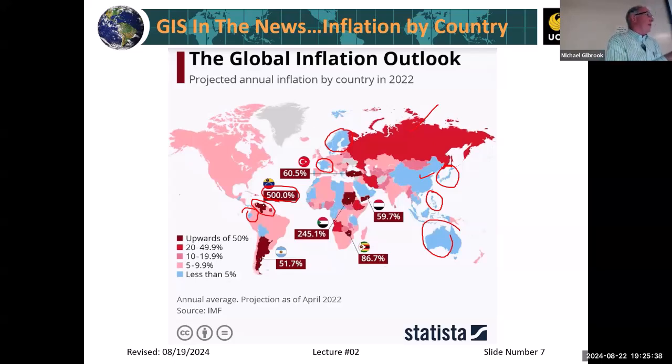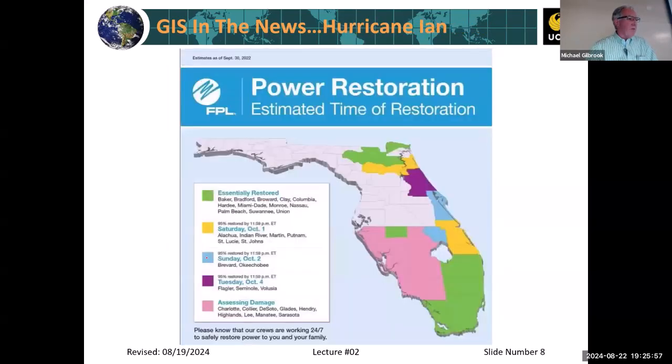I mean, that's really terrible. The United States, where we seem to be complaining and moaning a lot about inflation, we were between 5% and 9%, and it's down to less than like 3% now. So you can use GIS to look at things like global statistics.